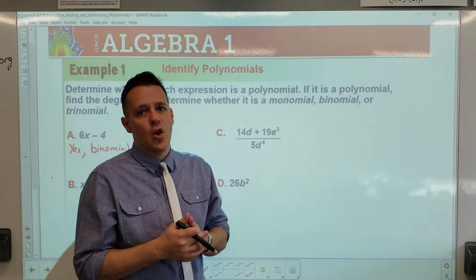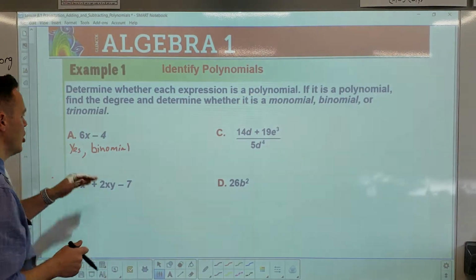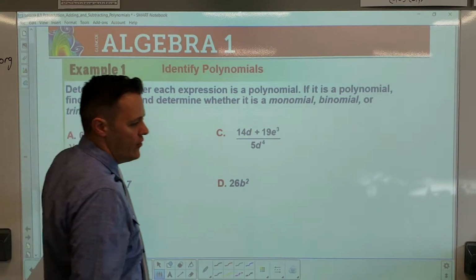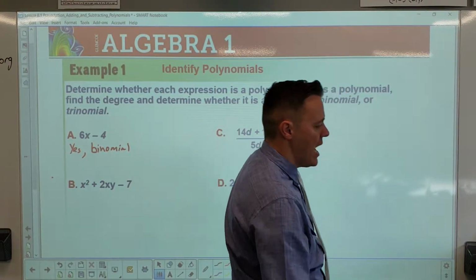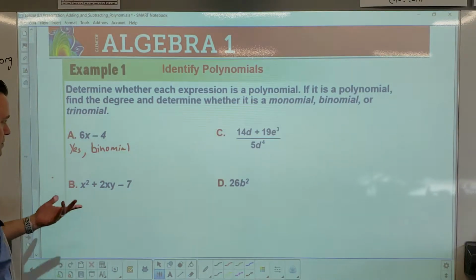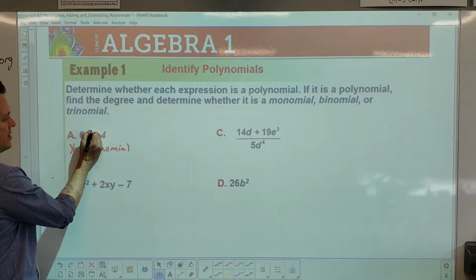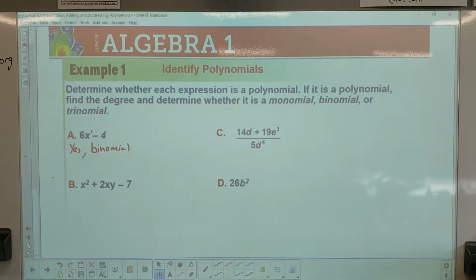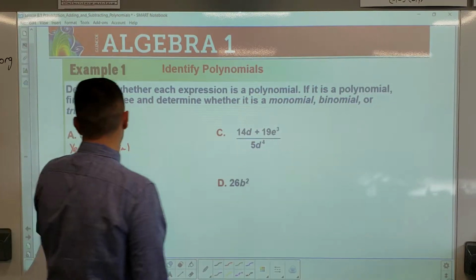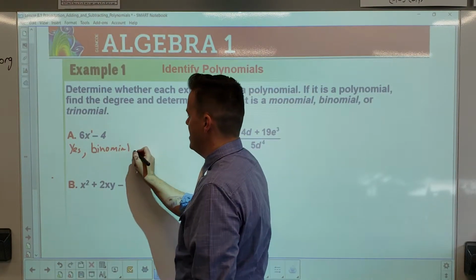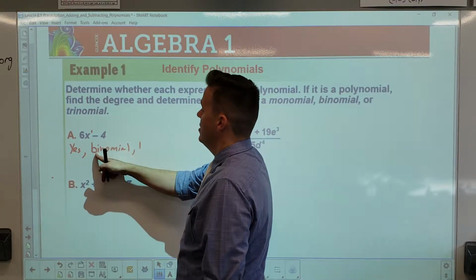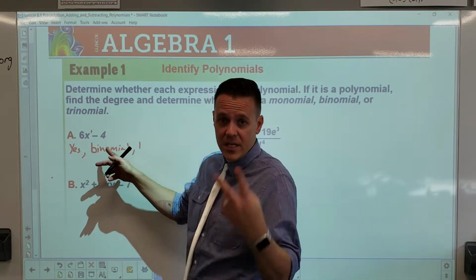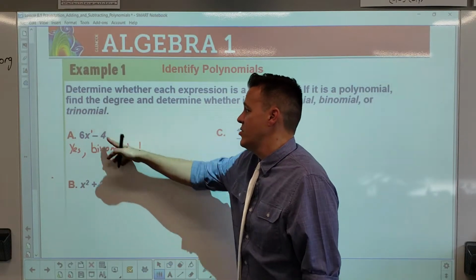Degree states what is the actual term number where the coefficient has. What a degree is, it's the greatest degree on a polynomial. What is the degree on this number that's not written? It is a 1. So the greatest degree for this particular equation is 1. So yes, this is a polynomial. It is called a binomial because there's 2 of them, and then the highest degree is 1.